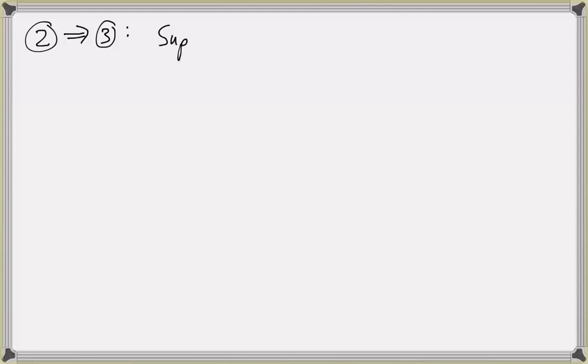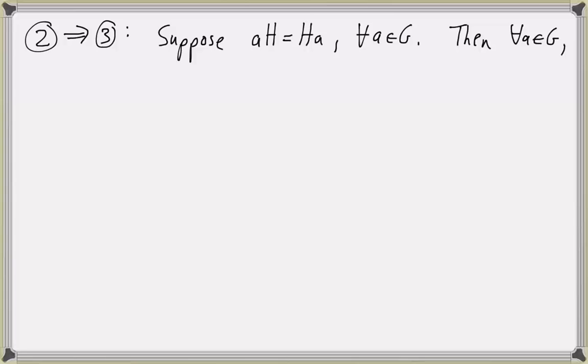So now suppose AH equals HA for all A in G. Then for all A in G and for all h in subgroup H, there exists an h prime in H such that Ah equals h prime A.